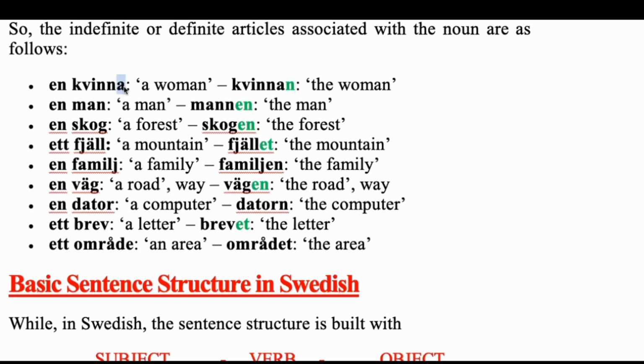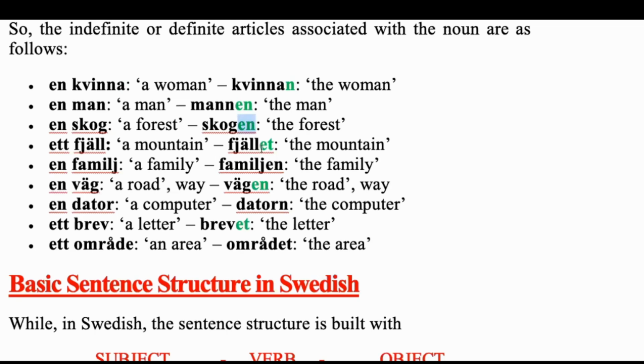If a noun ends in a vowel, we place only one n. For example, the next one is en man, and that becomes mannen. Here it ends in a consonant, so I'm placing en. And en skog, a forest, becomes skogen, the forest.